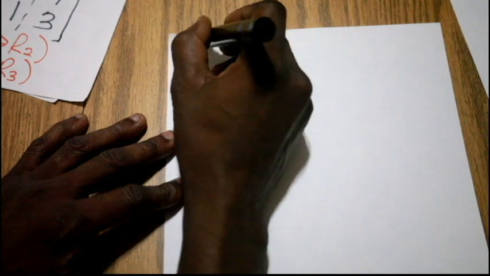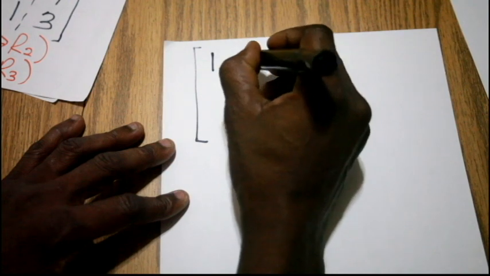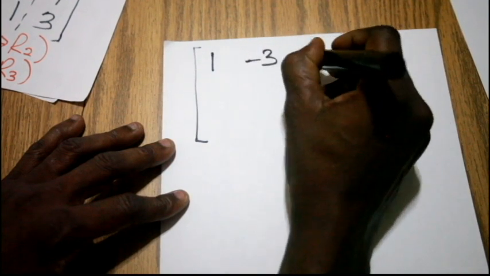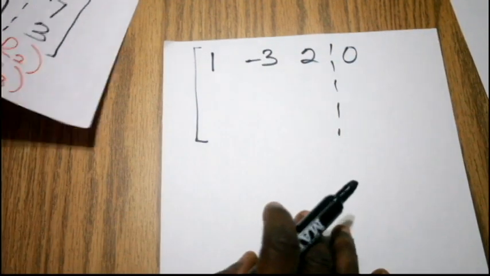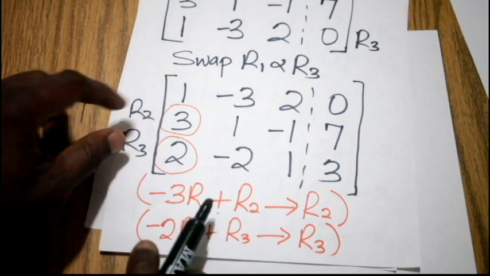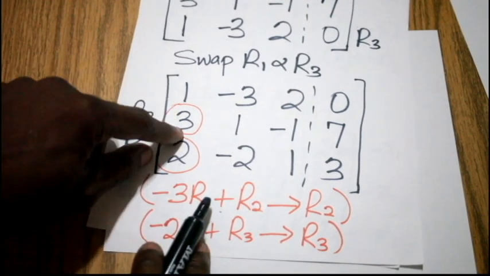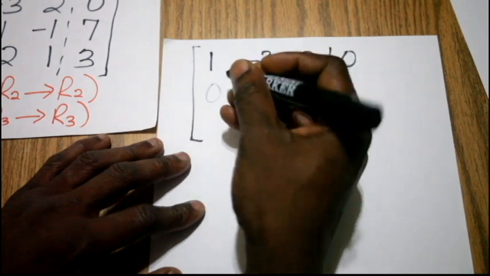The new augmented matrix is going to give us 1. I will write 1 all through. So that is 1, -3, 2, then my dotted line and 0 here. With the value I was given, -3 multiplied by 1 is -3, plus 3 gives us 0. So this has changed to 0.